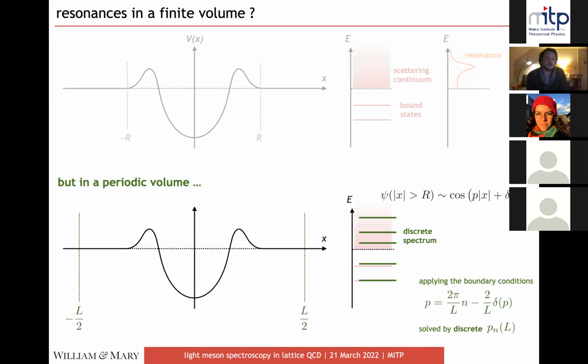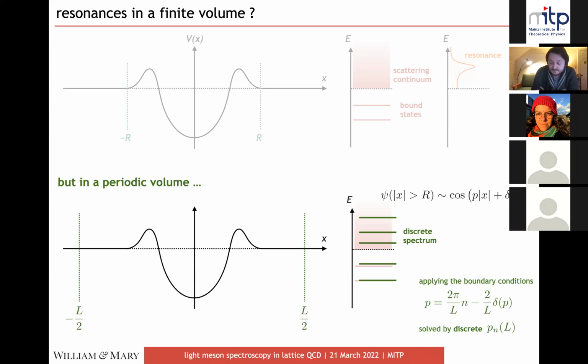So you can see that in quantum mechanics, if you apply a periodic volume in your one-dimensional system, i.e. put it on a circle, it makes the continuum become discrete. But here's the core point: that discrete spectrum is sensitive to the scattering phase shift as a function of energy or momentum.